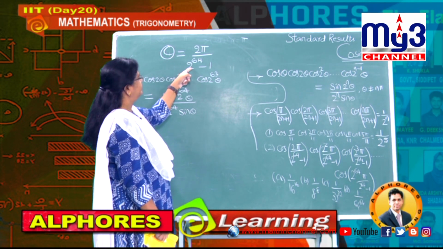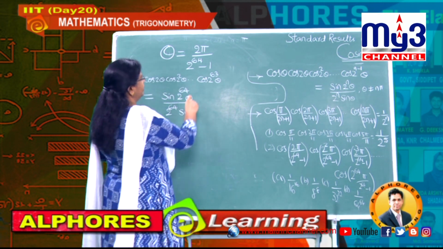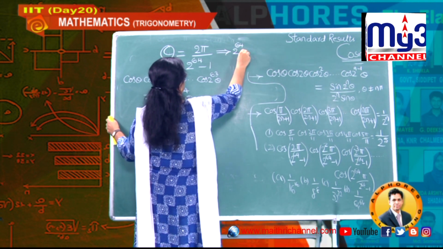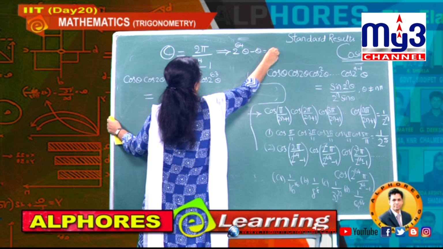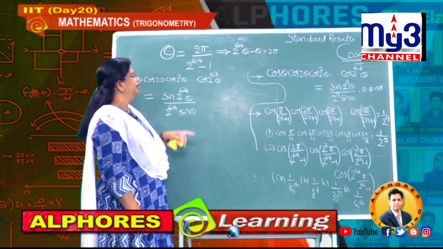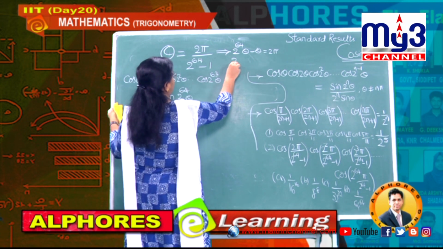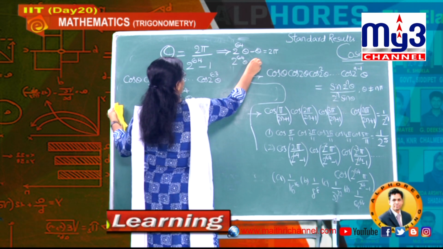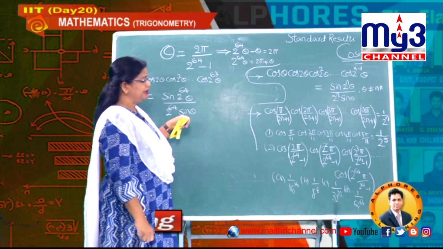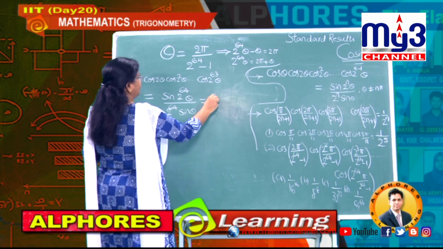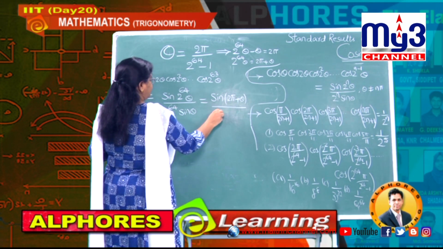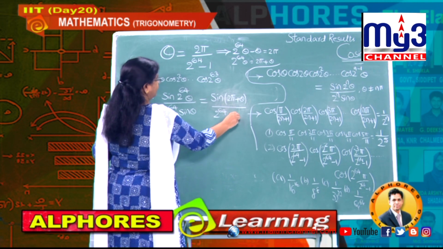Now again you observe, students, just if I cross multiply, this is nothing but 2 to the power of 64 into theta and minus theta is 2 pi, okay. Now what I want to do is 2 power 64 into theta, I will write as simply 2 pi plus how much? Theta, okay. So you have to make an observation like this, so that the problem will be very simple. And therefore this is nothing but sin 2 pi plus theta whole divided by 2 to the power of 64 into sin theta.